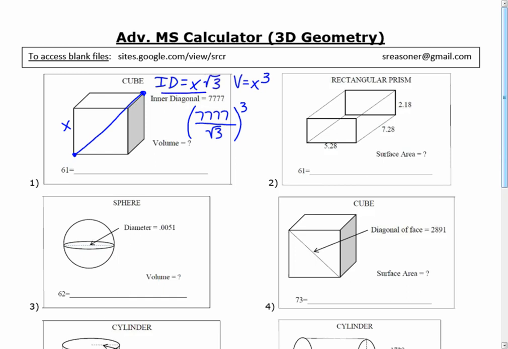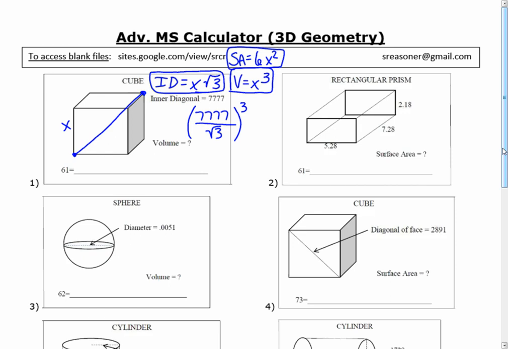So these are two formulas you need to know for cubes, the inner diagonal and volume. We could also find the surface area of a cube, which is 6 times the side squared, and we'll see some of those. But those are the main formulas for our cube.